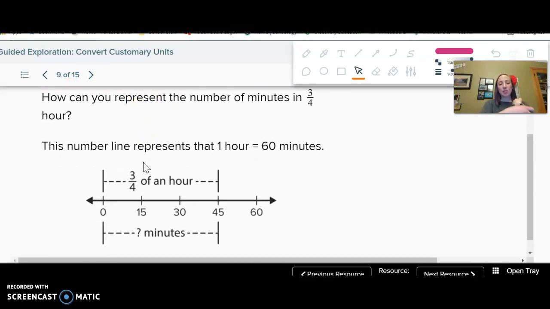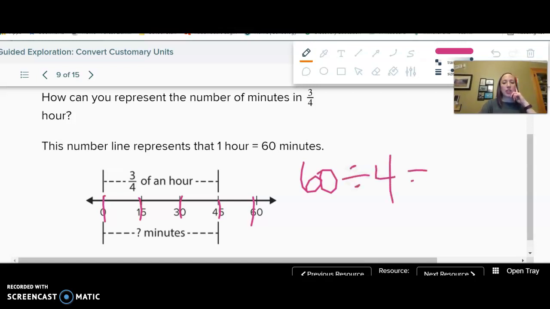Now, this one, they're showing us here on a bar. If we take 60 and we split it up into 4 groups, it's 15-minute increments. So I'm thinking, okay, 1/4 is 15 because I split it into 4 pieces.